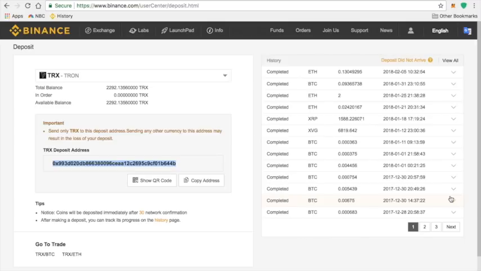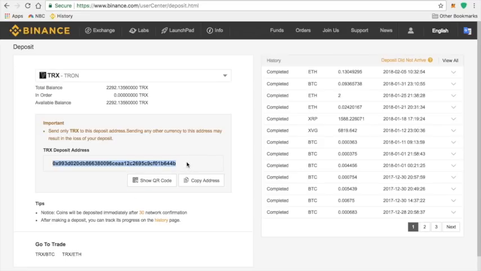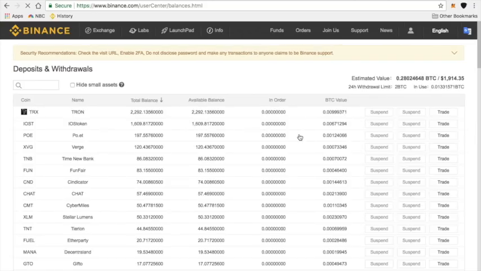Well, I'm going to hit deposit on KuCoin, and I'm going to get that address from KuCoin. If I want to go from KuCoin to Binance, I'm going to take that address and put this address into it. So those are different ways you can do deposits.